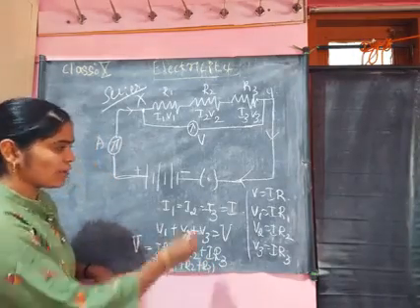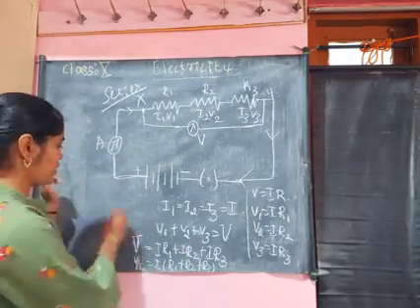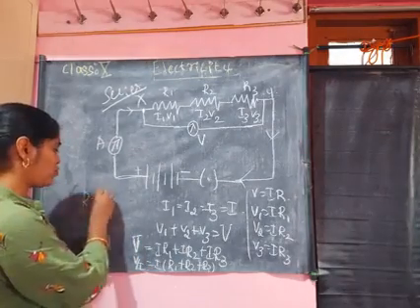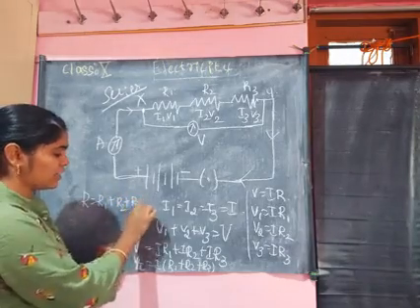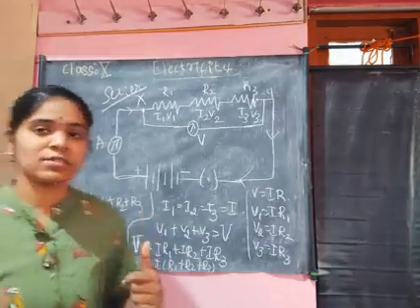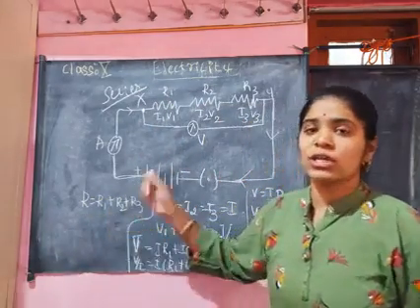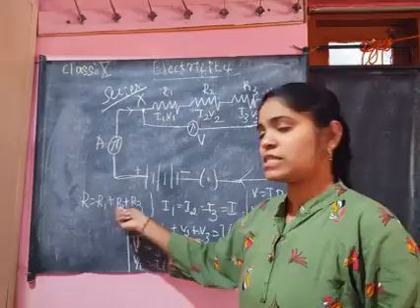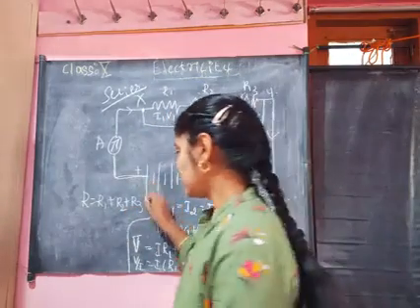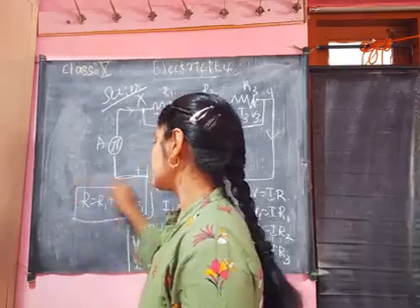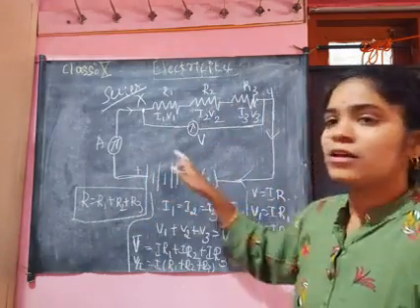When we take V by I, that is R. I will write here R equals R1 plus R2 plus R3. So in this case the total resistance of the electrical circuit is equal to the sum of the resistances of the resistors. This is the total resistance produced in this electrical circuit.